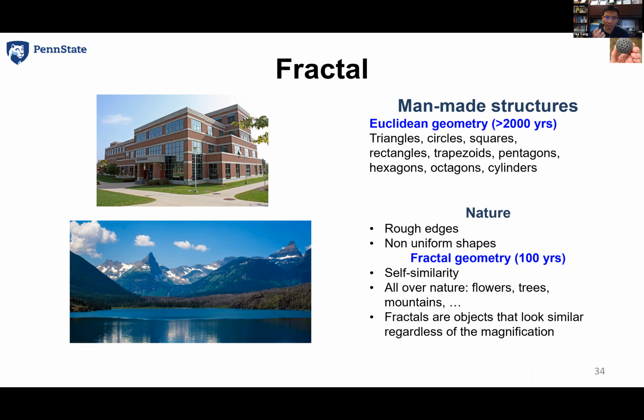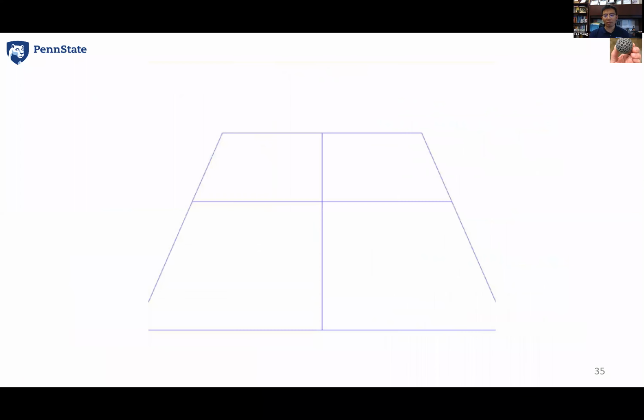So they use triangles, circles, squares, and all this kind of Euclidean geometry to build these man-made structures. But if you look at nature, like flowers, trees, mountains, they all show some kind of fractal patterns, okay? It looks similar regardless of the magnification. And multifractal means it's not only one fractal, it's actually many fractals.